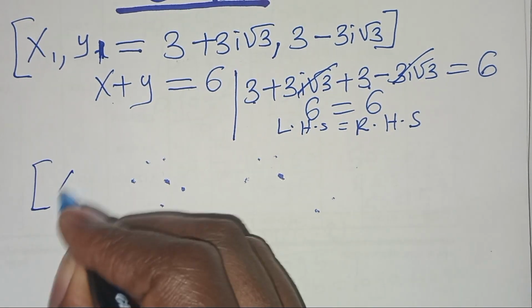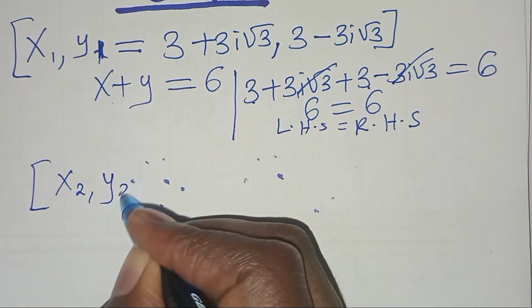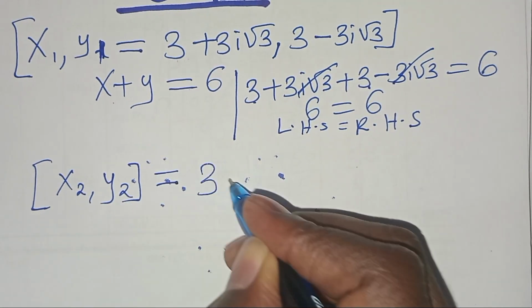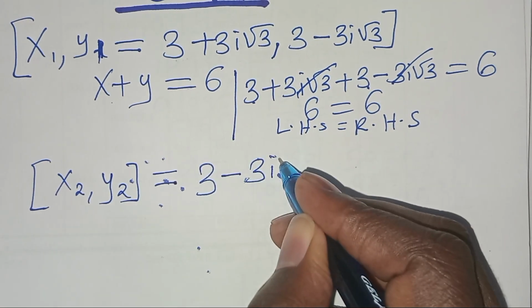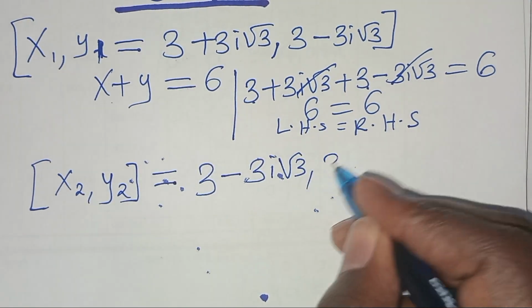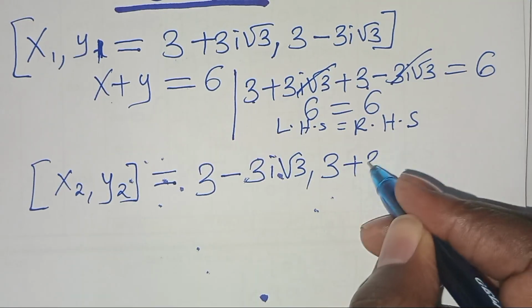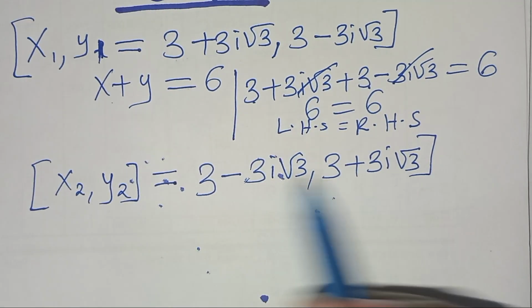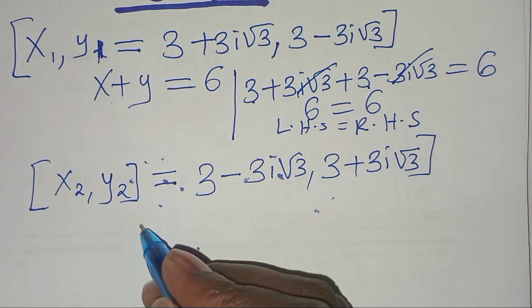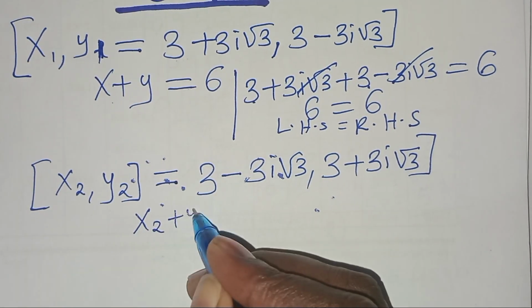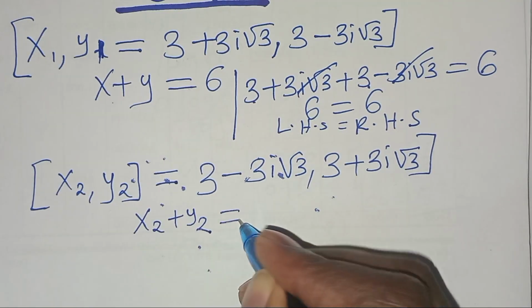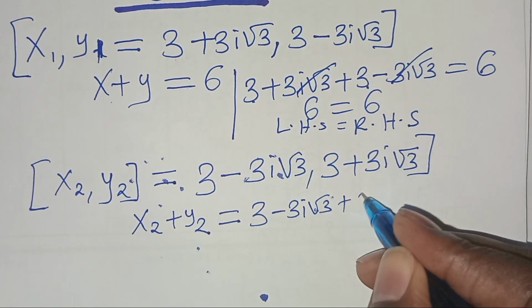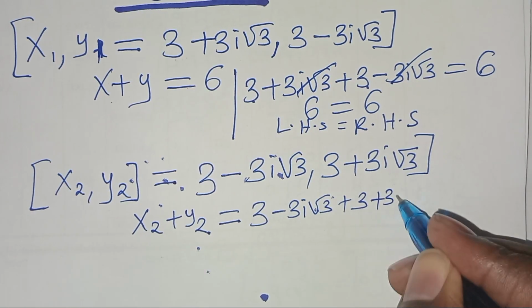Now x2, y2, which is 3 subtract 3i square root of 3 and 3 plus 3i square root of 3. Let's check. Using this equation, we'll have x2 plus y2, which is 3 subtract 3i square root of 3 plus 3 plus 3i square root of 3.